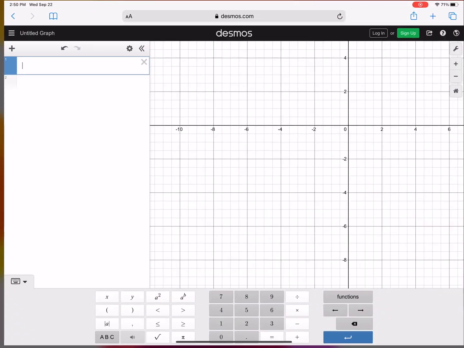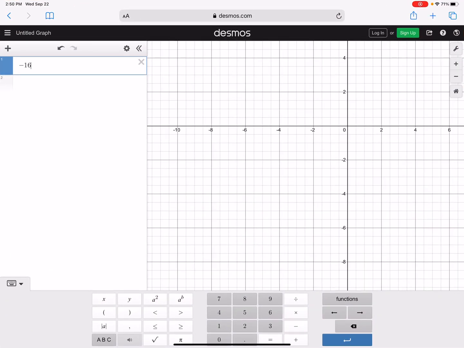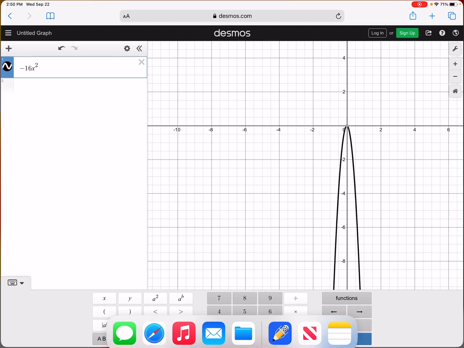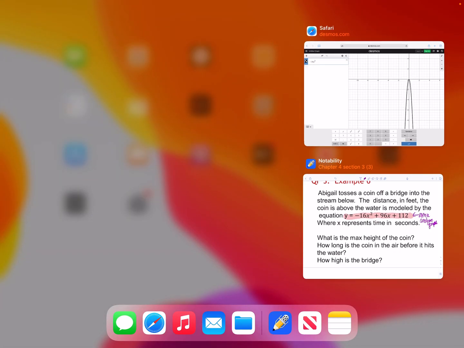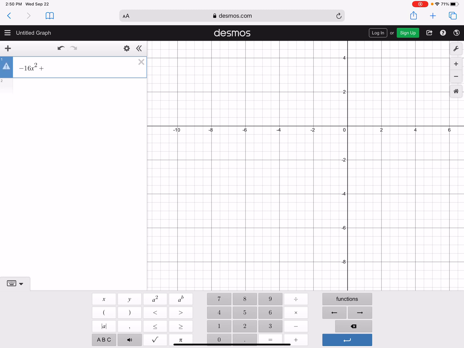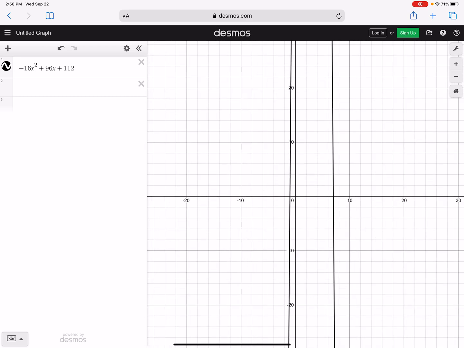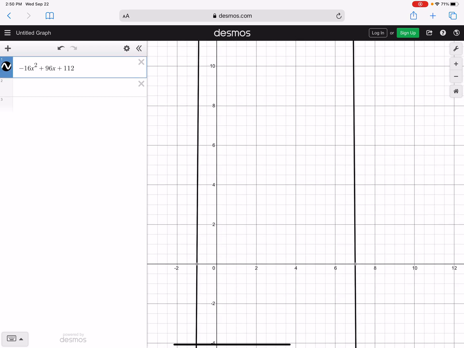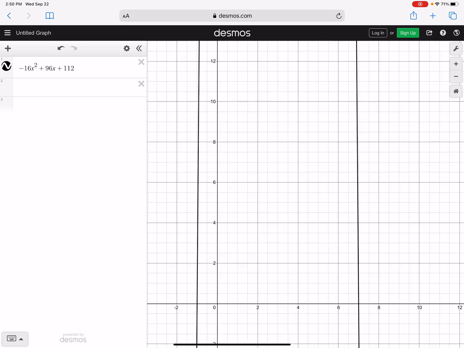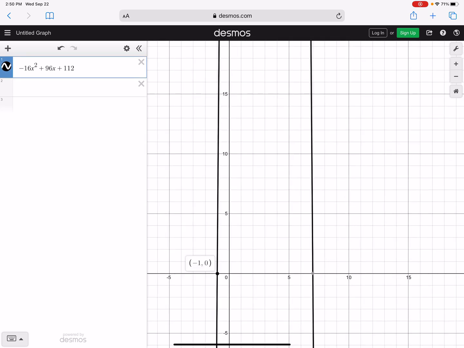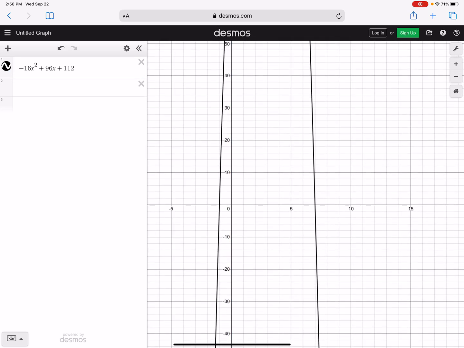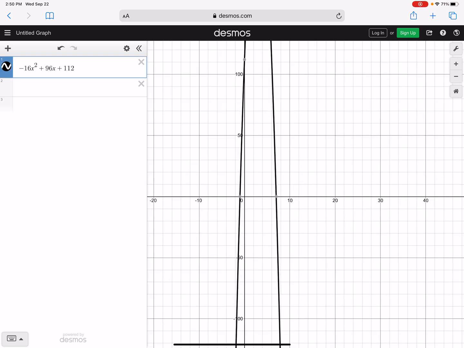So it's negative 16x squared plus 96x plus 112. And if you look at that, you can kind of start to see it.